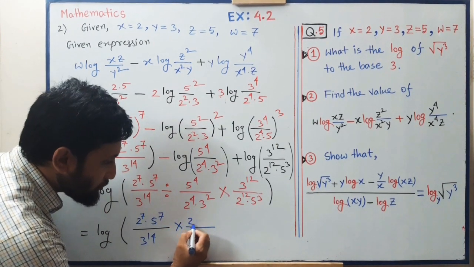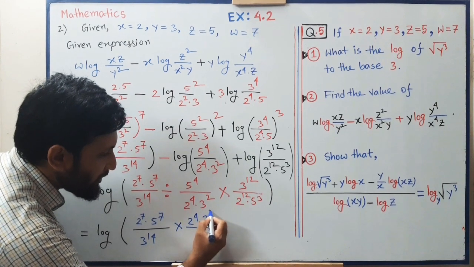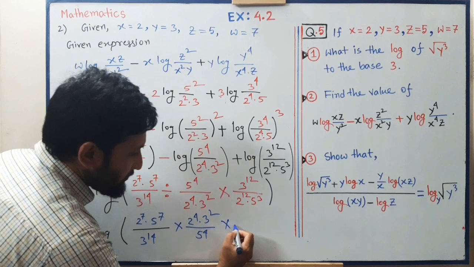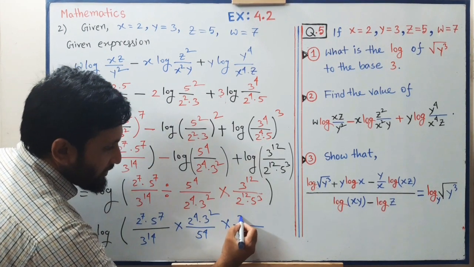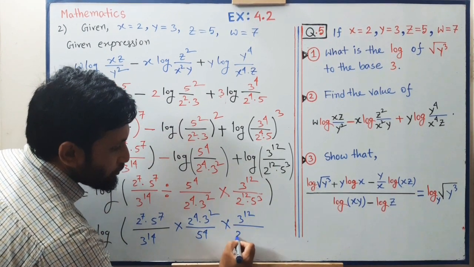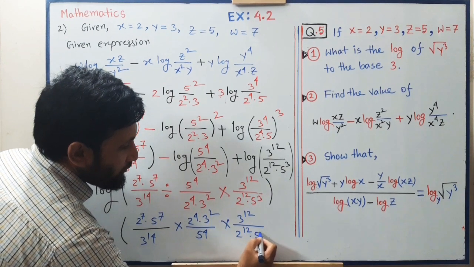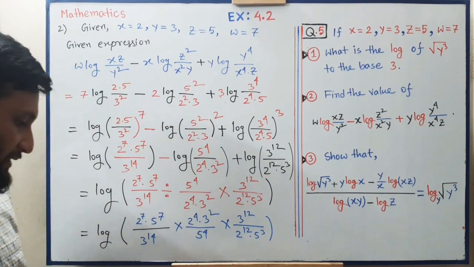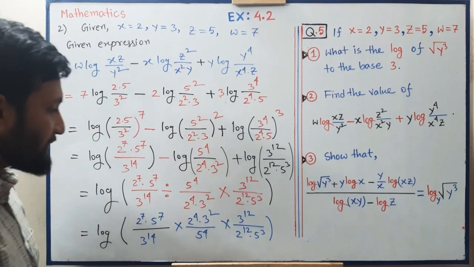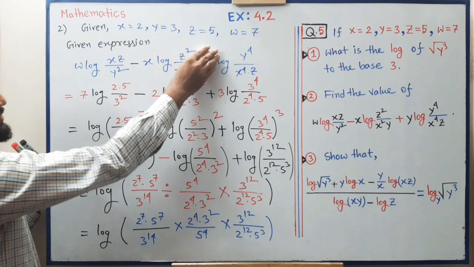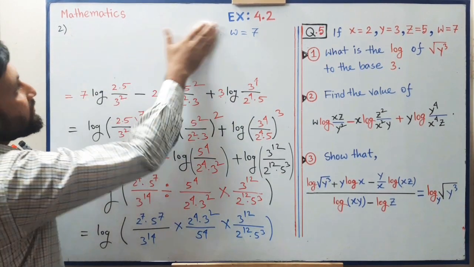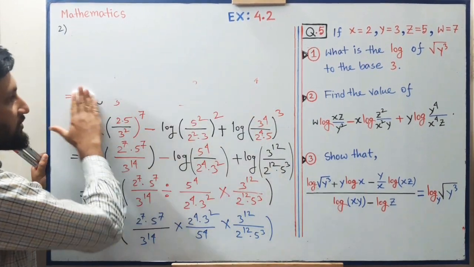So I can write 2 to the power 4 into 3 square and then 5 to the power 4. Okay, and then the next term, multiplication, 3 to the power 12, 2 to the power 12 into 5 cube. Okay, now for the next calculation, I have to erase the first part. Okay, erasing the first part.